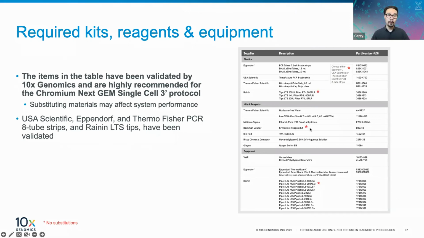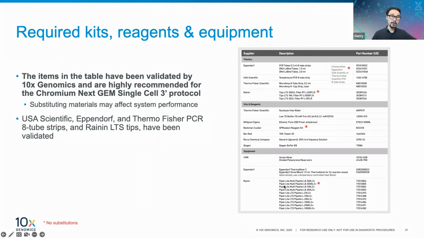The reason why we are so specific about the plastics that we recommend is that, in terms of the strip tubes, certain plastics are not compatible with the emulsions that we generate and can cause them to break prematurely. So please do stick with the ones that we recommend.